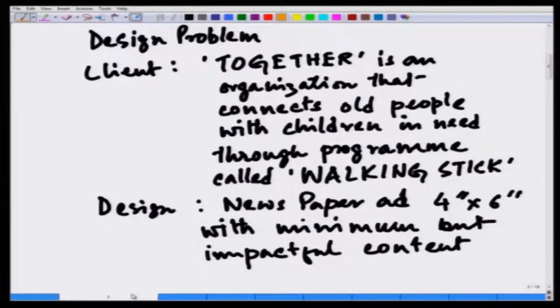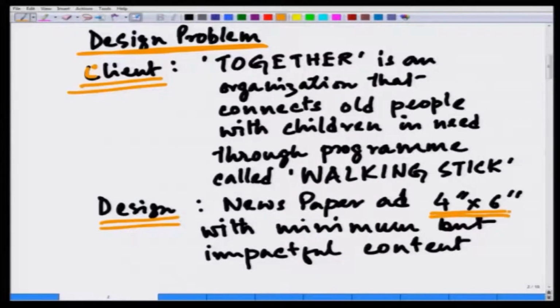Now let's take up one design problem as an example. For us, this is the present design problem. Assume there's a client who is working on a design that is a newspaper ad of 4-inch by 6-inch size, a printed text with minimum but impactful content. The person for whom we are designing may not be the client.